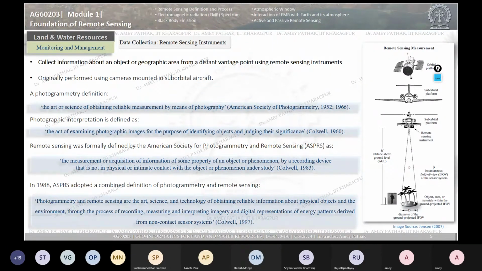But again, as I said, when we are running a hydrological model or any model dealing with spatio-temporal variables, we not only need data at a certain location, but we also want homogeneous data for a constant interval of time.